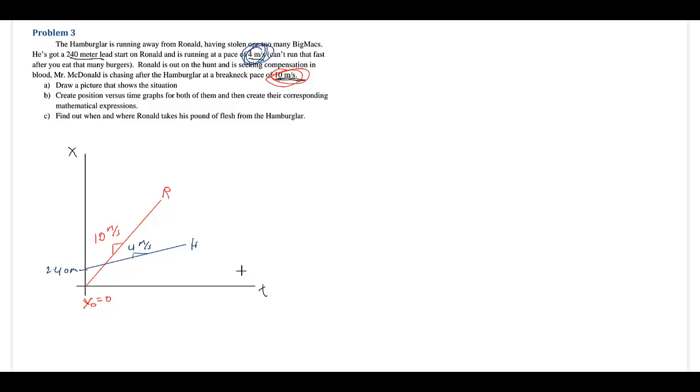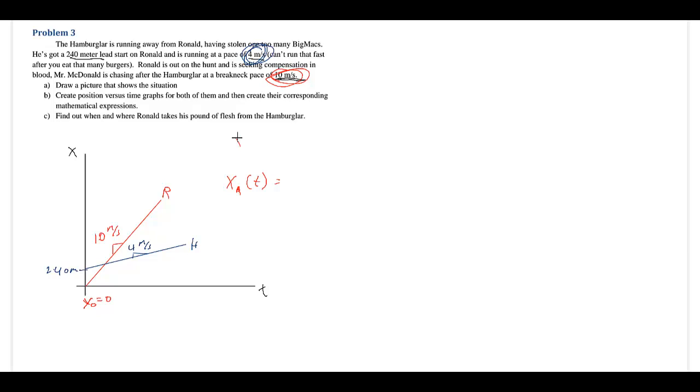So now, going from here, we can set up the equations for the two of these. For Ronald, we have position Ronald as a function of time. Sorry for that weird R. This is going to be his initial position.